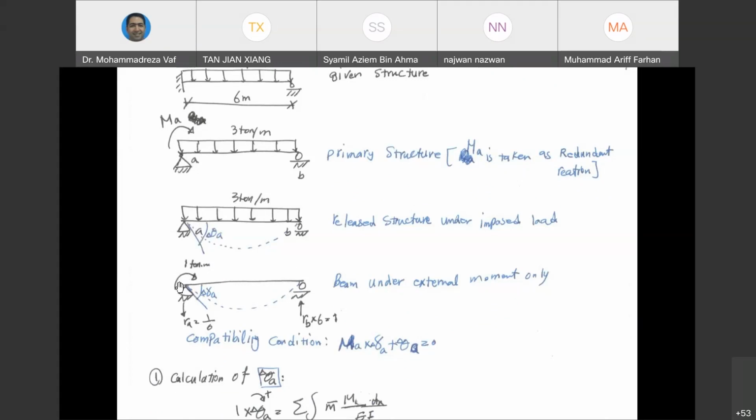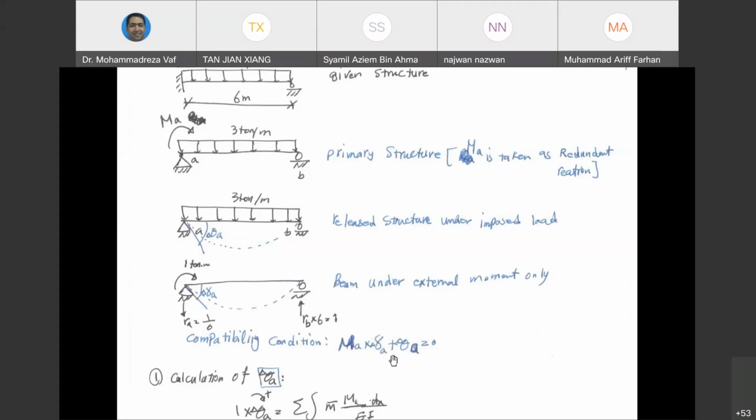But since we don't know how much bending moment we should apply to rotate back the structure such that its rotation becomes zero, we assume that we are going to have the deflection of delta gamma as a result of this unit load. So we multiply that one by MA or XA, the value that defines how much it is going to be.